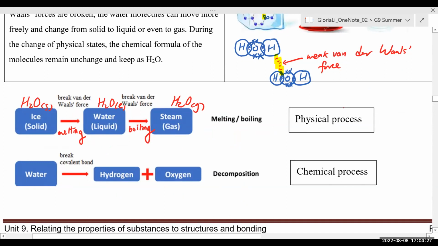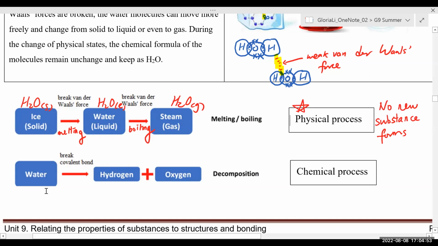The molecules still stay as H2O. Their difference is due to the amount of van der Waals force holding the molecules together. No new substance forms in the whole process. In other words, this is a physical process.